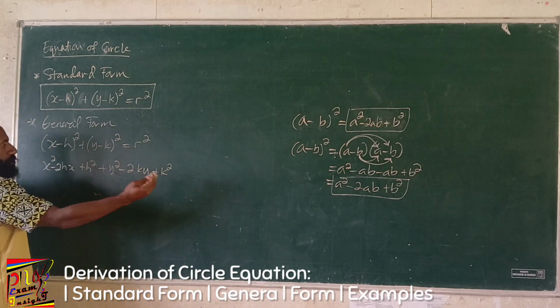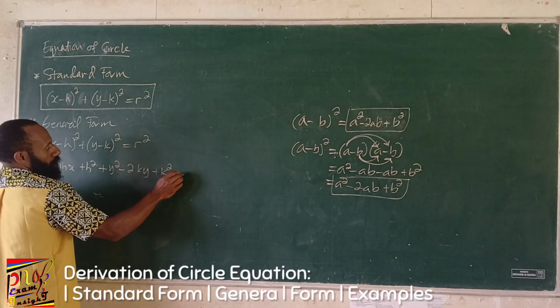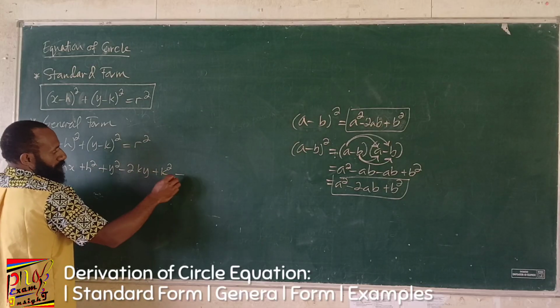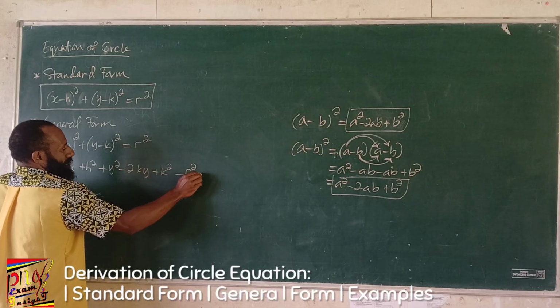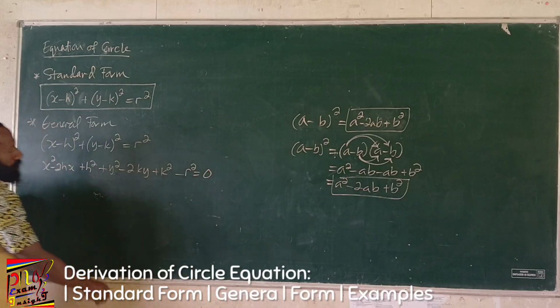We have r here: when it's positive r, bringing it to the left-hand side it becomes minus r squared, equals 0.